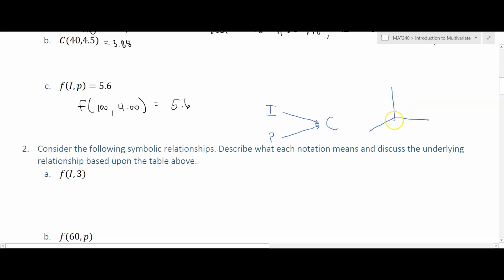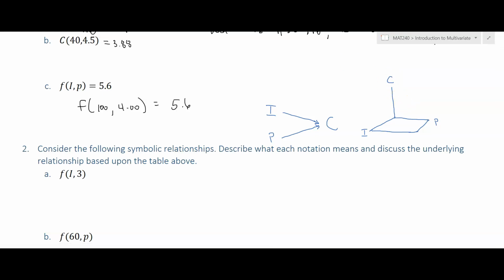So imagine that this is kind of the floor, if you will, and that we now have also a height to that room. We don't just have length and width, but now we also have a height, and we can arbitrarily label the two input axes I and P, and then the output axis would be the amount of consumption.